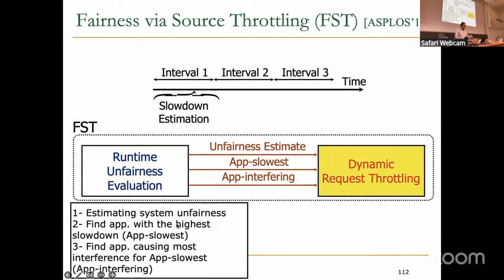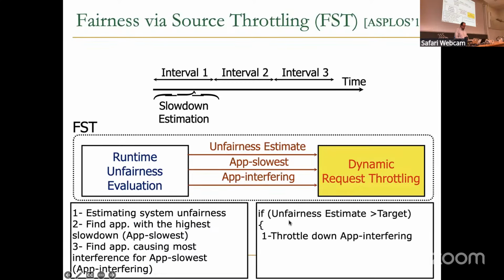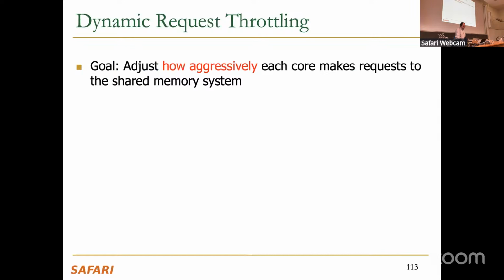And then we input all these data to the dynamic request throttling. If the unfairness estimate is greater than the target, we throttle down application which caused the interference, and we throttle up application which is caused to be slowed down a lot.